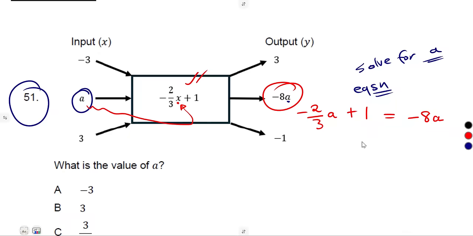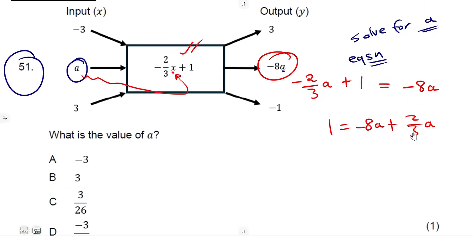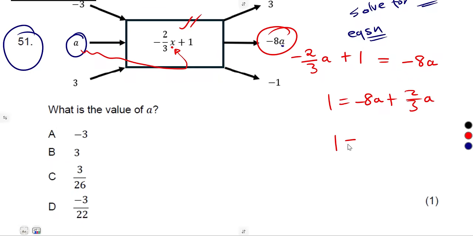Solve. So these are like terms, a to the other side. That was 1 is equal to, if I take this to the other side, it was going to be minus 8a. This one is going to be plus 2 over 3a. It was a minus; the moment it crosses this equal sign, it is going to be a positive. So let's simplify.